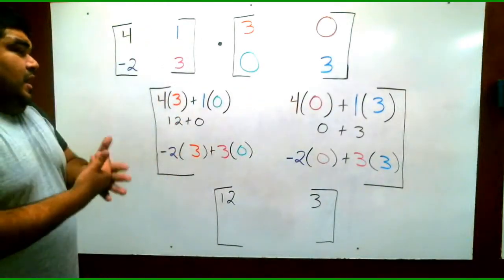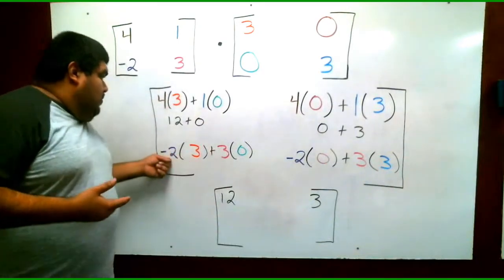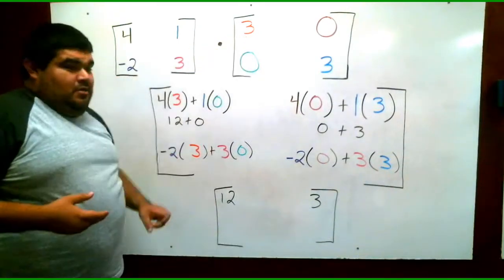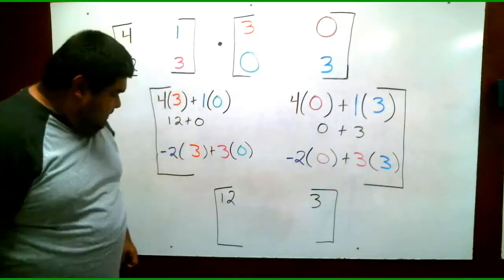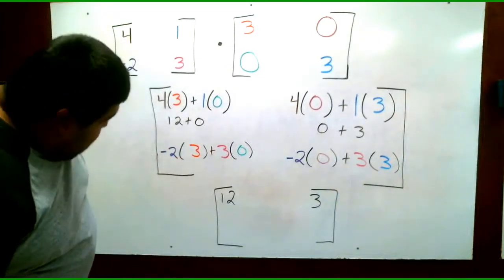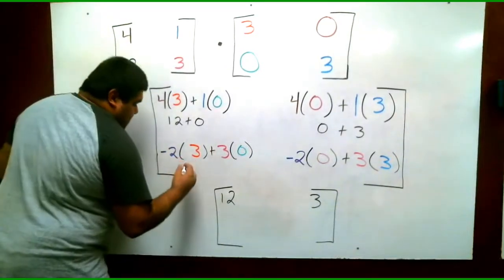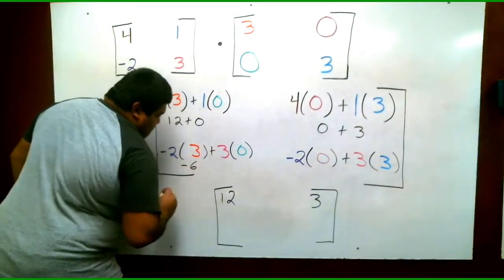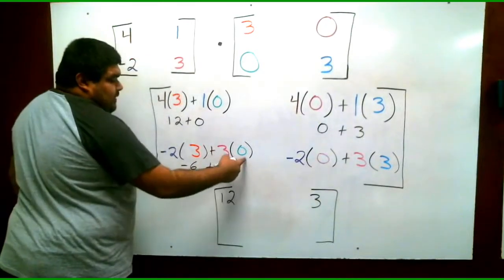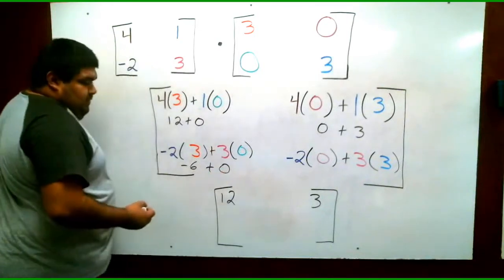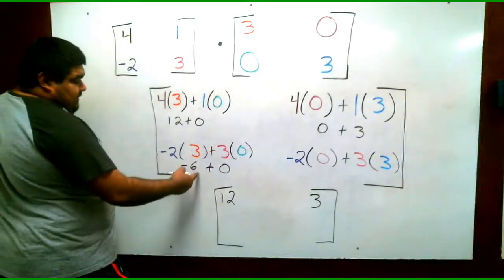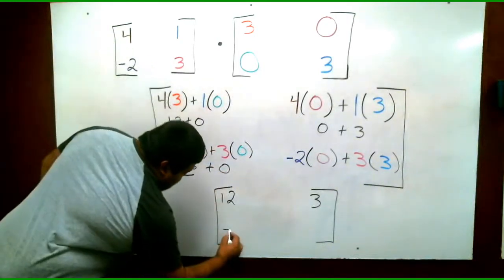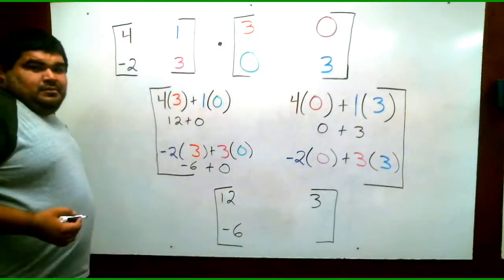Now that we have that, because we did negative 2 times 3, which is negative 6, plus 3 times 0 is 0. So technically, negative 6 plus 0 is just negative 6.